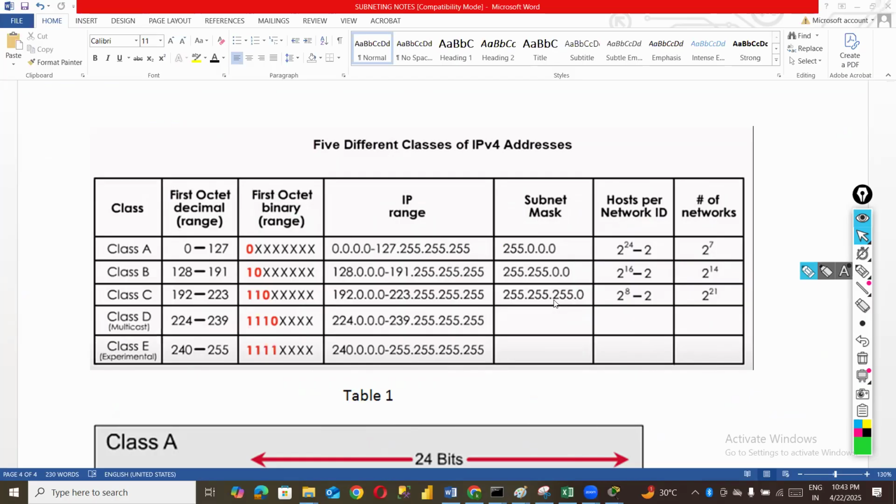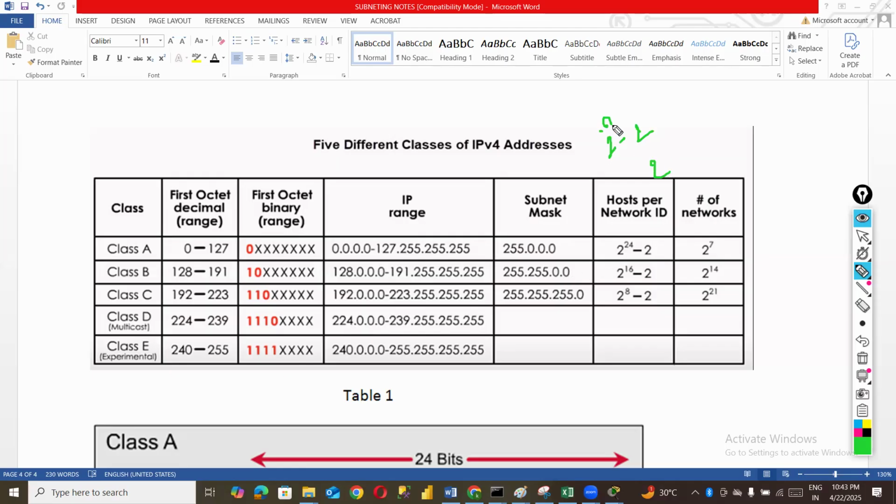And someone will ask you, in a standard class A, how many hosts are possible, right? You can use this formula: 2 power n minus 2.